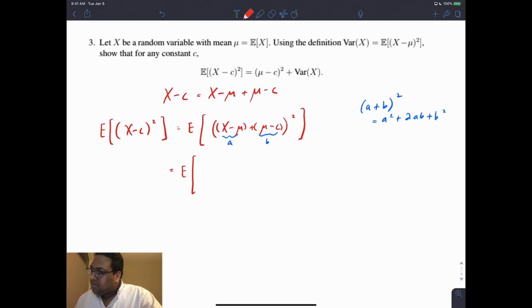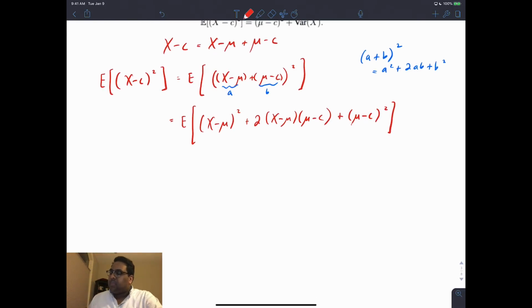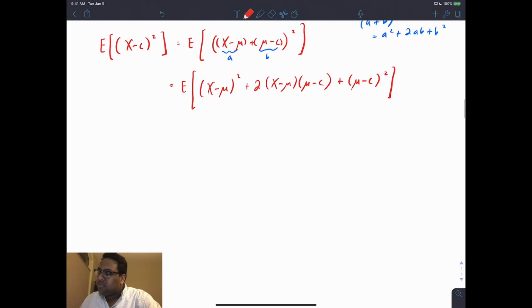And now we have (X minus mu) squared plus 2(X minus mu)(mu minus c) plus (mu minus c) squared. Okay, now we have an expectation of a sum of 3 terms, and by linearity of expectation, I can separate this into a sum of 3 individual expectations.